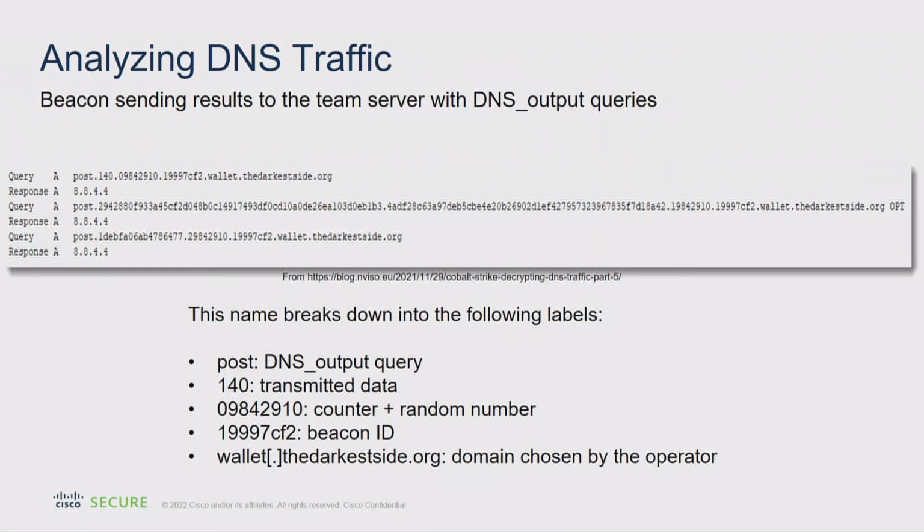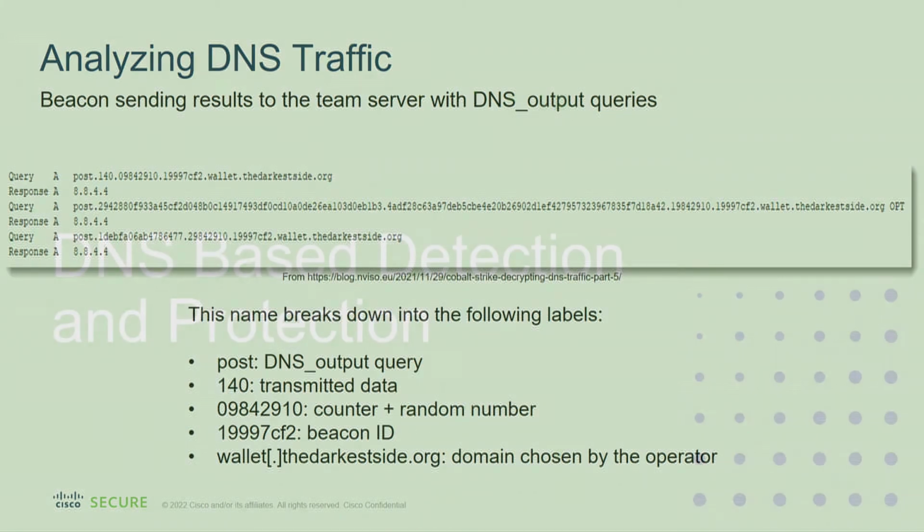And then at the bottom of the screen, we can see how the name breaks down on the team server. So the post is the type of the query output we expected. 140 will be transmitted data. Another subdomain is the counter and random number, then our beacon ID, and then the domain chosen by the operator.